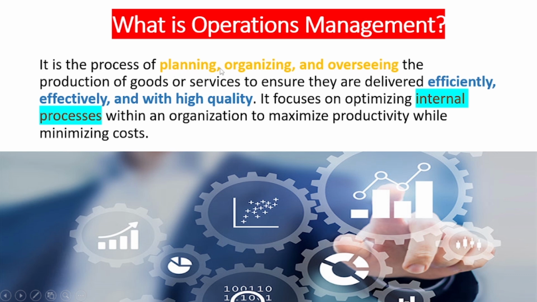In the planning, organizing, and overseeing. All these things are done inside the company. So it focuses on optimizing the internal process within an organization to maximize the productivity while minimizing cost. Okay, I have tried to explain this definition in simple words.